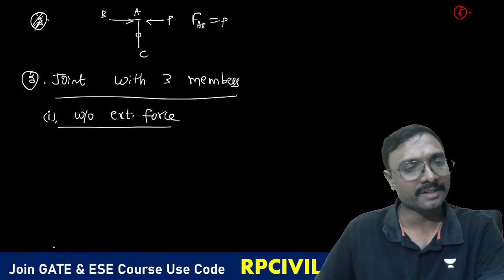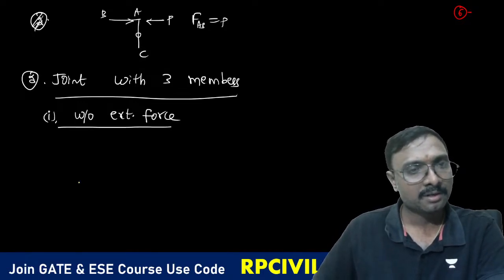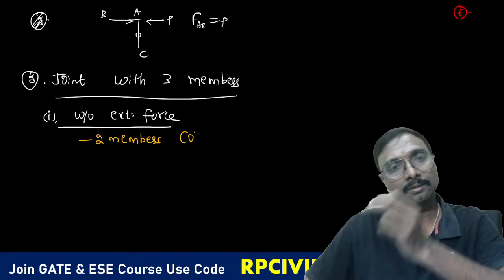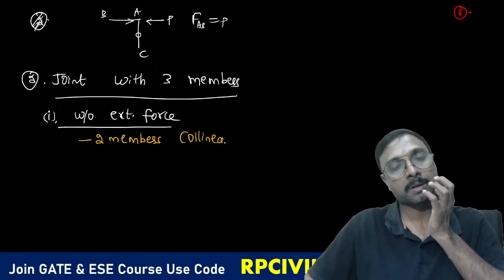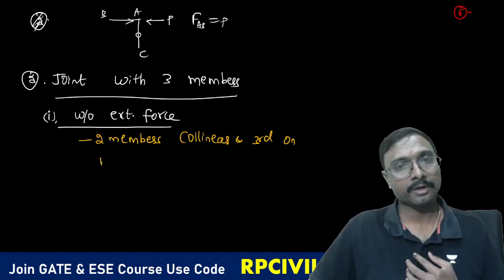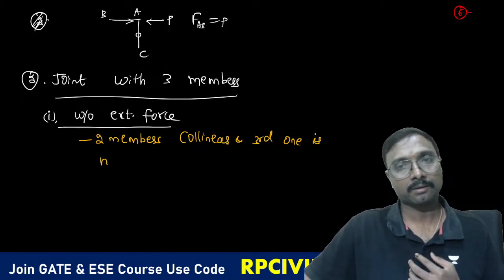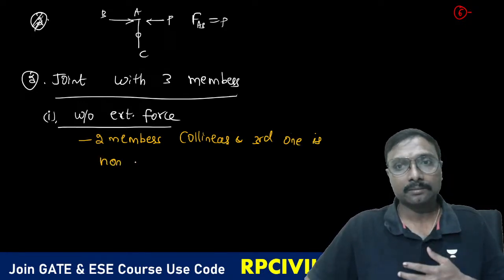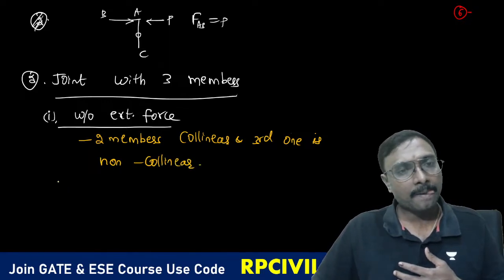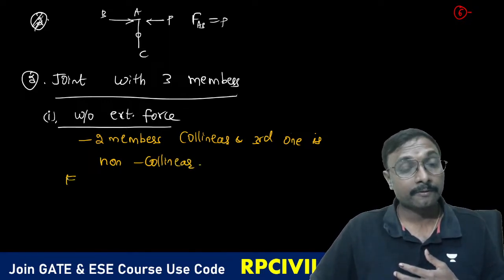Whenever external force is not there, two members will be collinear and the third one non-collinear. Third one is non-collinear, right? What can you say? Forces in collinear members are equal, na?